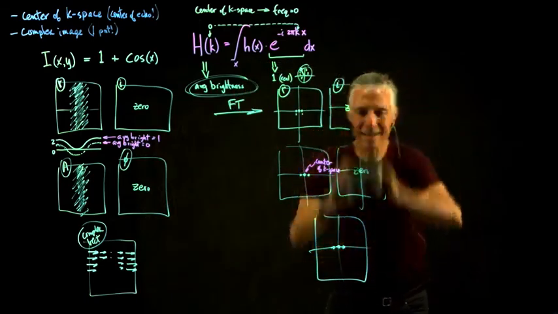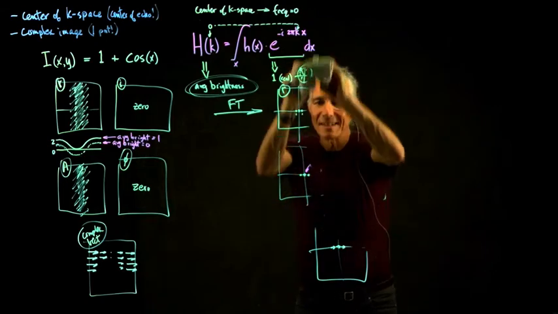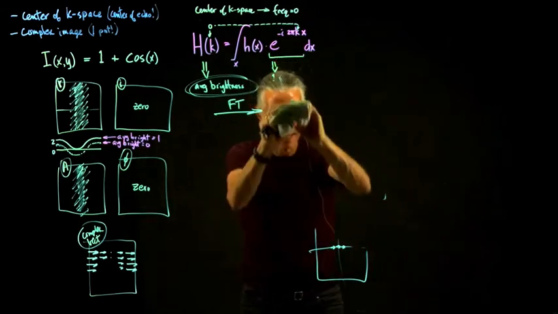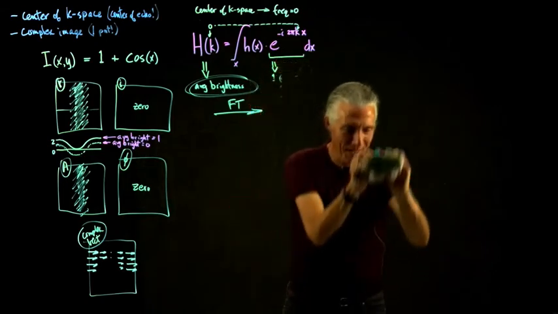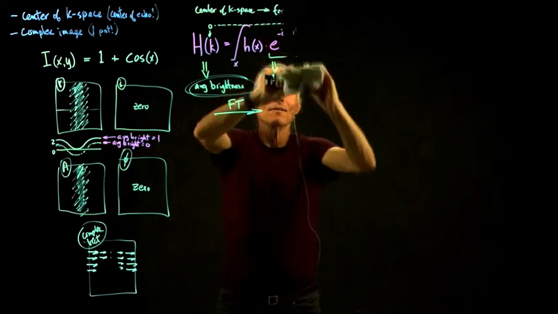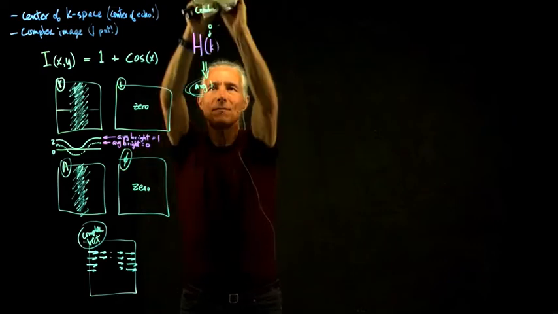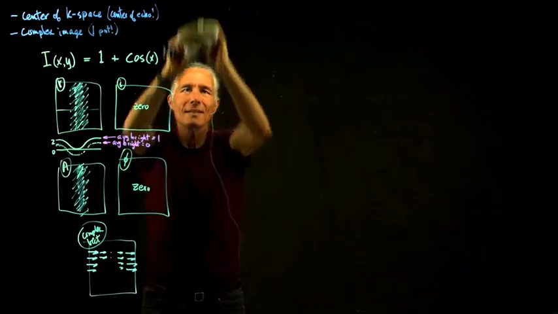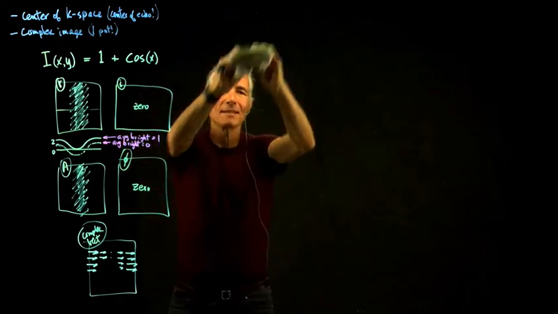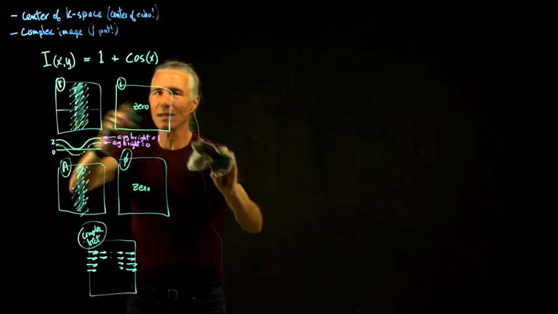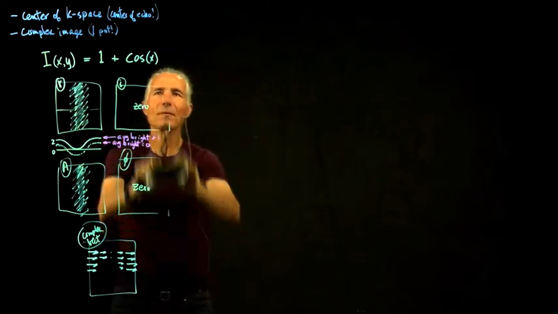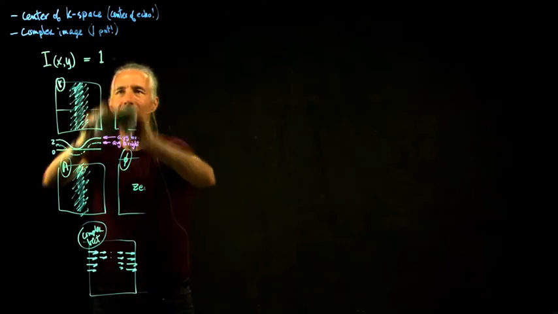So what we want to do now is finally, last but not least, get to one point in kSpace, because each of our data points is a single point in kSpace. But so far, when we've tried to do as simple an image as we could, which is just a cosine, we ended up with a minimum of 2 points in kSpace.